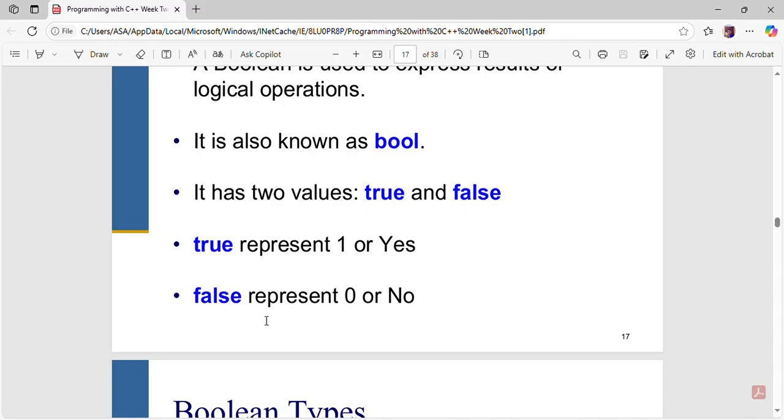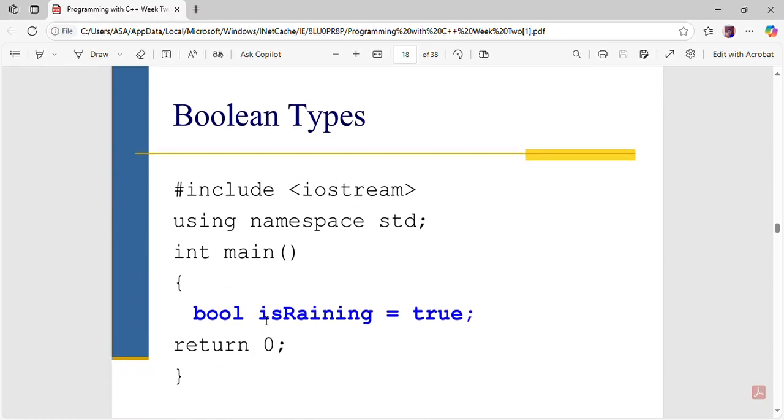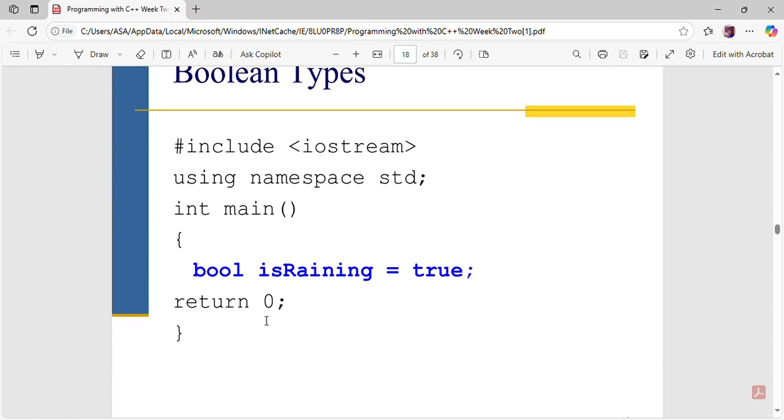True represents 1 or yes, and false represents 0 or no. So for example, it has been used here: bool, then we have it's raining equals true. That's it. And the true here stands for either one or yes.